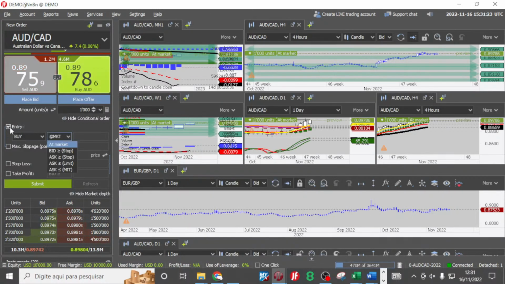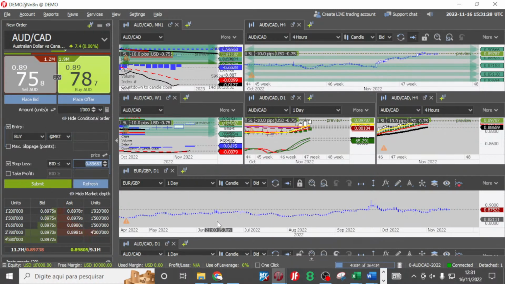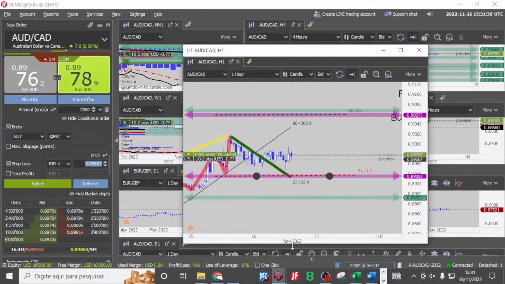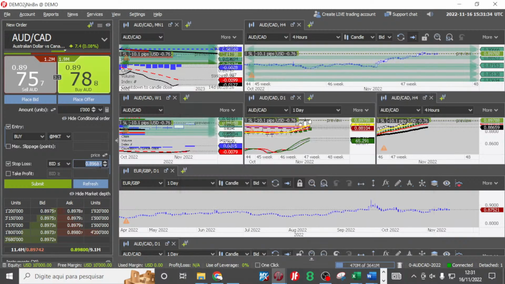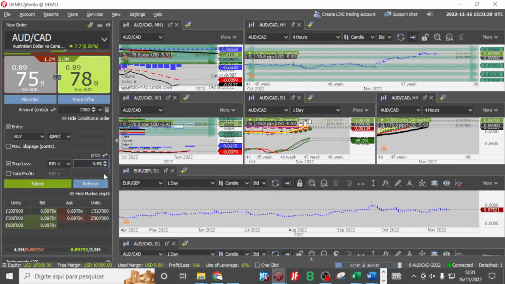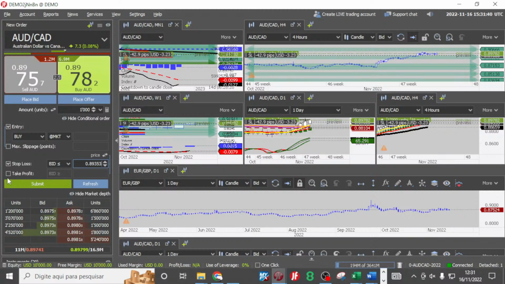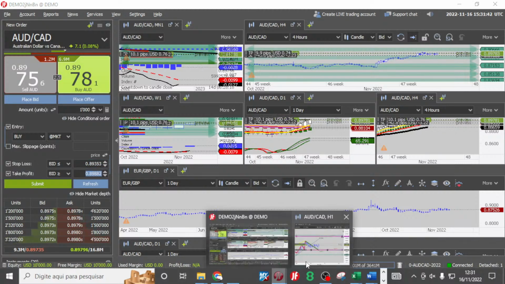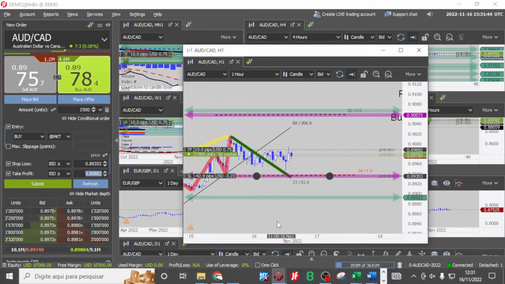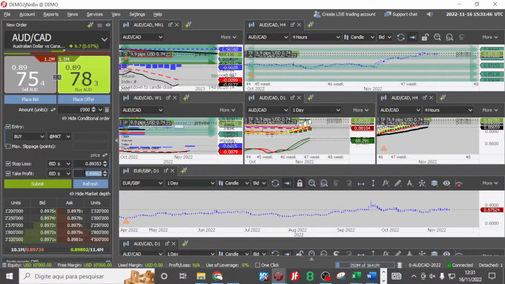AUDCAD entry, we are going to buy market, and stop loss is going to be at 89353, and the take profit is going to be at 9573.